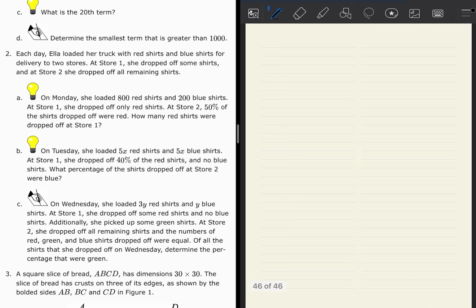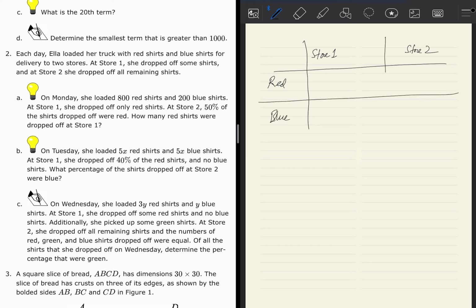We have store 1 and store 2. We have red and blue. So in total there are 5x red shirts and 5x blue shirts.